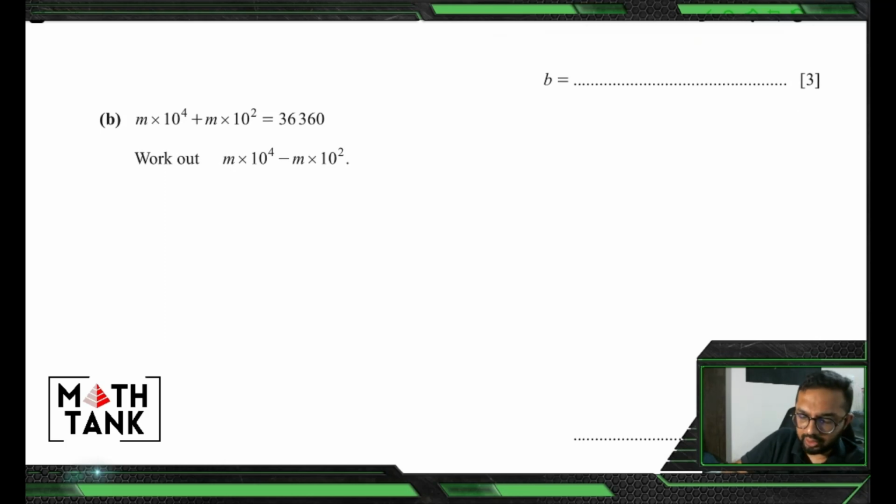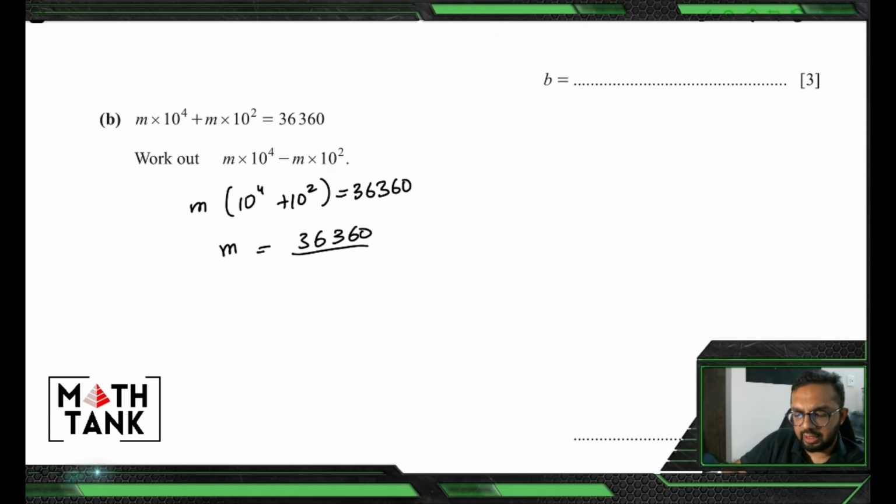Okay, so this question looks slightly more challenging. Let's try to do it. What I think is we should first take out the value for m and say that m can be common, and then I can take this to the other side. Now I don't see another way around it, so what I'm going to have to do is see if the division is possible.